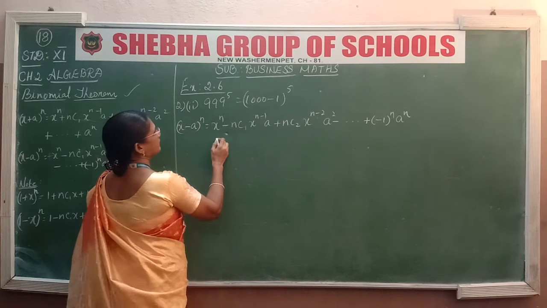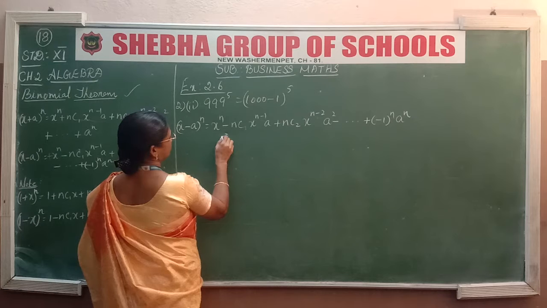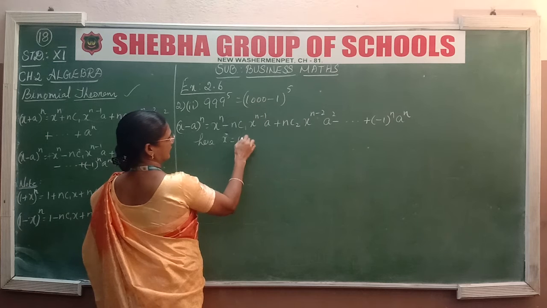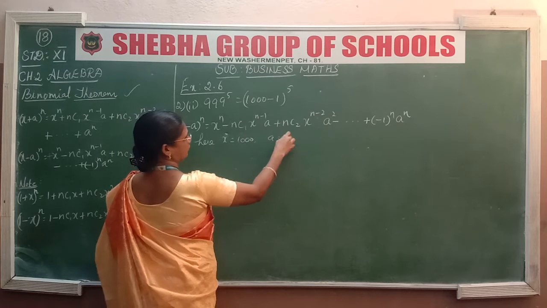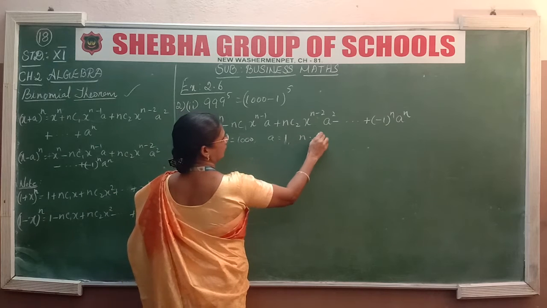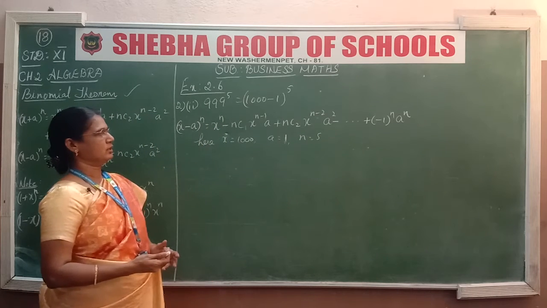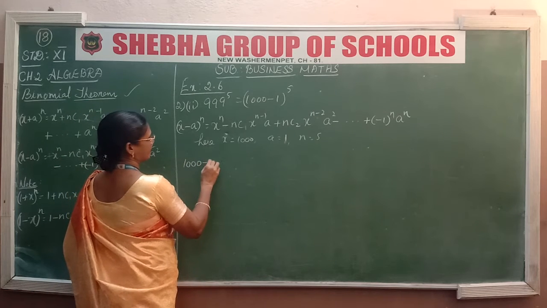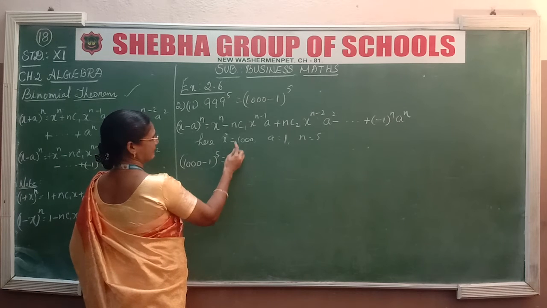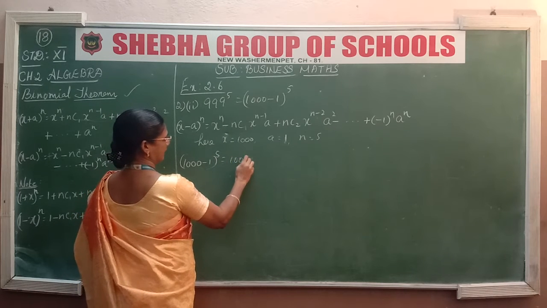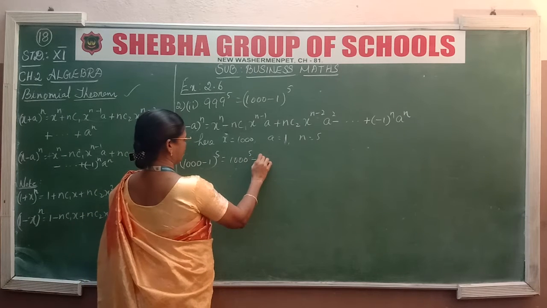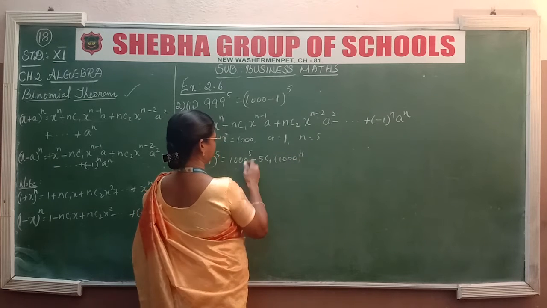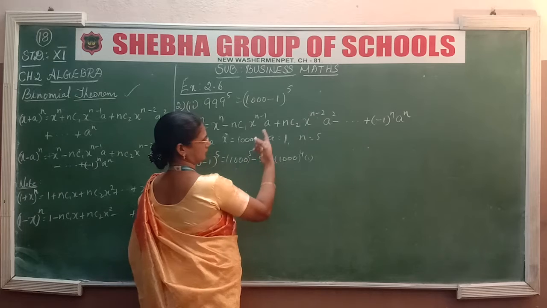First write the assumptions. What are the assumptions? Comparing these two, x is equal to 1000, a is equal to 1 and n is equal to 5. 5 means we have 6 terms in this expansion. Substituting here, (1000 minus 1) whole power 5 is equal to first x power n, 1000 power 5, minus 5C1 1000 power 4 into 1, that is a.